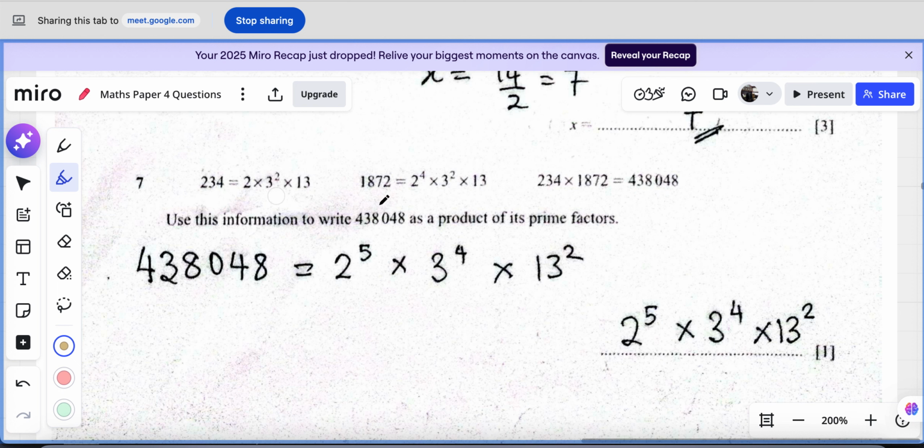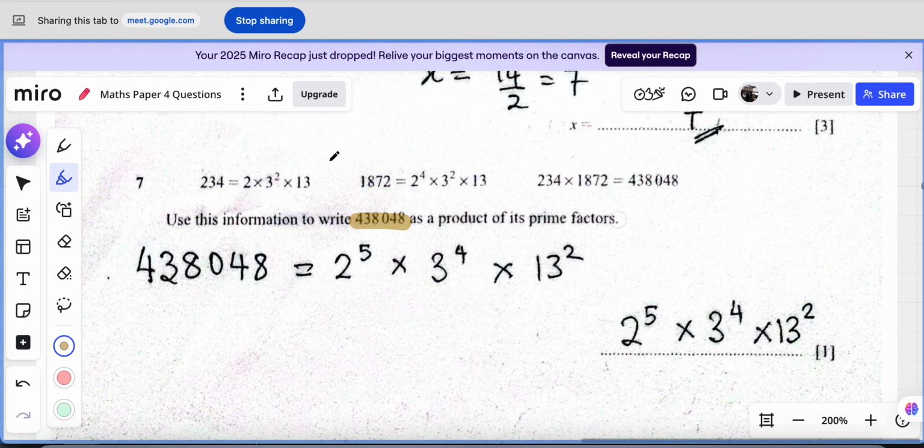Now take a look at a bigger number, 1872, with its prime factorization 2 to the power of 4 times 3 to the power of 2 times 13. 234 times 1872 gives us 438,048, a huge number. Now use this information to write 438,048 as a product of its prime factors.